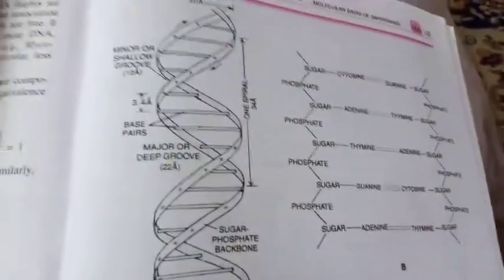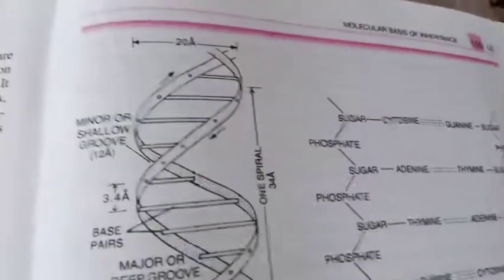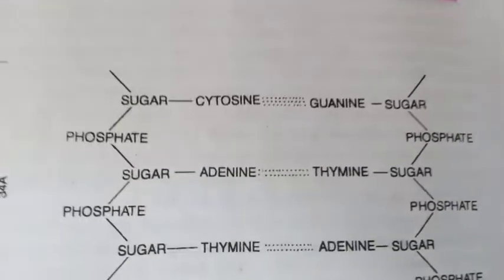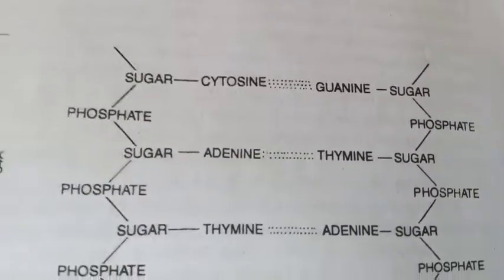And now here we have a look upon this. This is the double helical model of the DNA as proposed by Watson and Crick, and this is what lies inside the DNA in the form of these biomolecules. What is DNA made up of? That is sugar and phosphate.